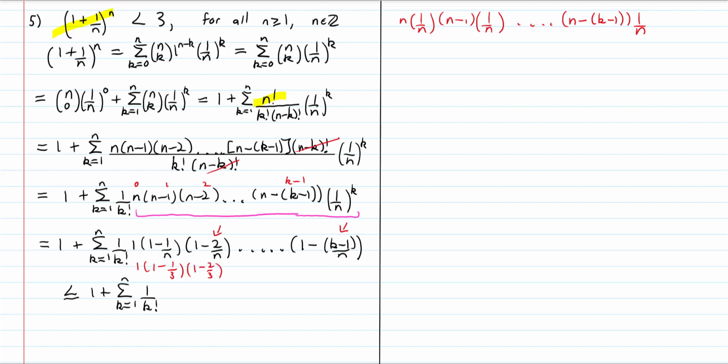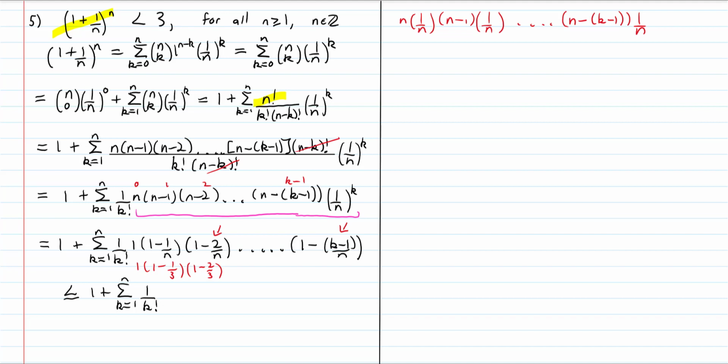And that 1 minus 1 over 3 and 1 minus 2 over 3, well, they're going to be less than 1. So what we're going to end up with is multiplying our 1 over k factorial by some number that is less than 1, and therefore that is going to be smaller than just 1 over k factorial. So 1 over k factorial is always positive from k equals 1 up to n.